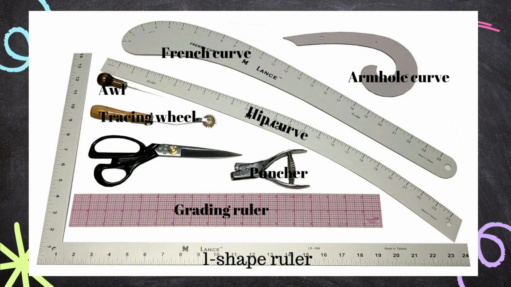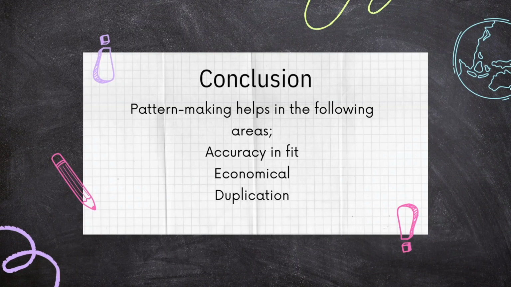You have scissors, measuring tape, set square, tracing wheel, L square ruler, French curve, hip curve, pencils, masking tape, a marking awl. All of these tools you get to know their uses as we go on in the course. So that is about it.